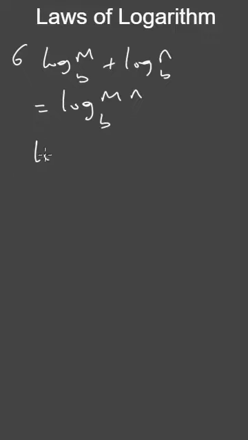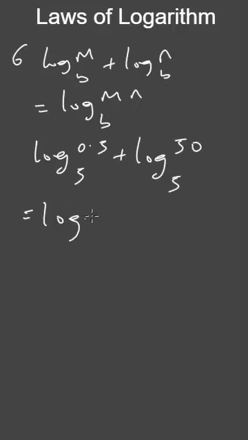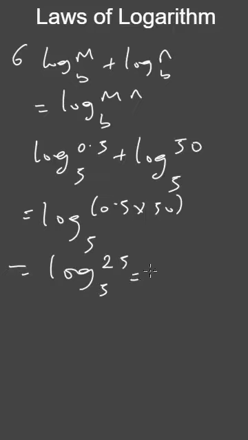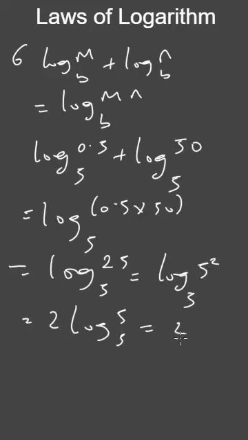For example, if you have log 0.5 to base 5 plus log of 50 to base 5, you can simply express it as log 0.5 times 50 to base 5, and that will give log 25 to base 5. You can simplify further as follows: log 5 raised to the power 2 to base 5, and you can bring down this 2 to give you 2 log 5 to base 5, and that's 2.